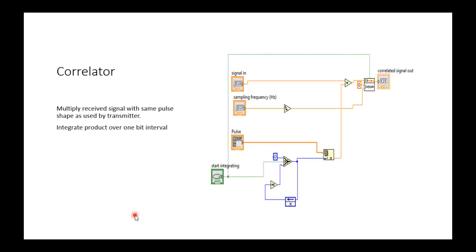Inside the receiver, we have the correlator, already seen, and how it helps to correlate the incoming signal with the pulse shape that was used at the transmitter side.